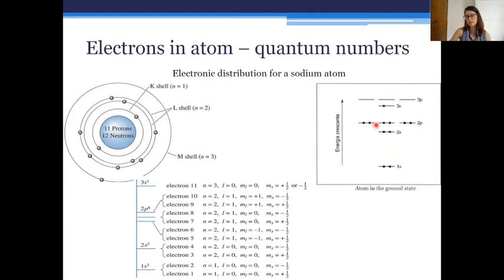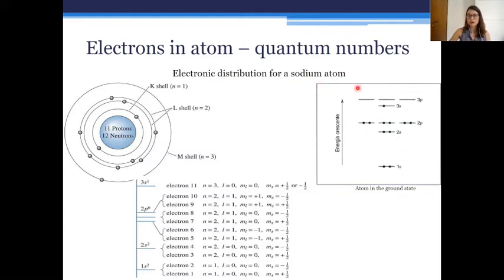So these three levels you can see correspond to the orientations 2px, 2py, and 2pz. And on each of these orbital orientations or energy states, we have two electrons with two different spin moments, okay?